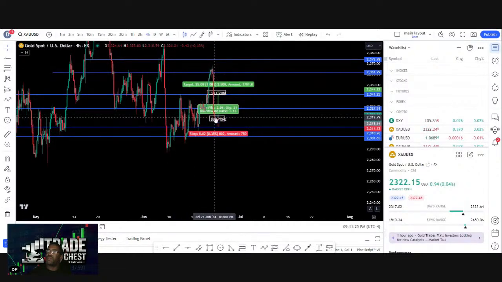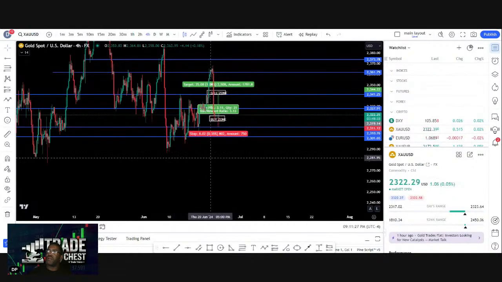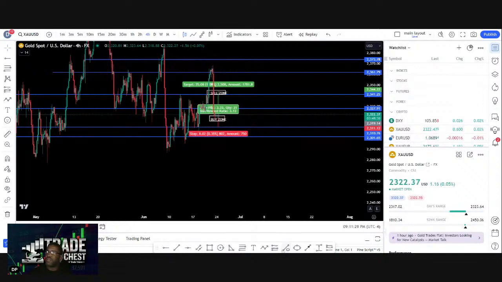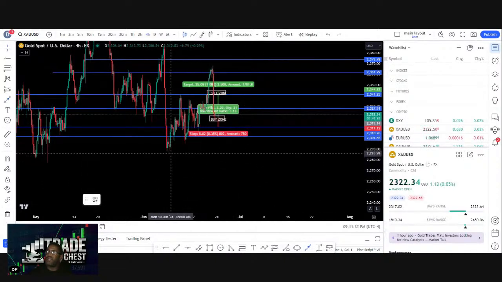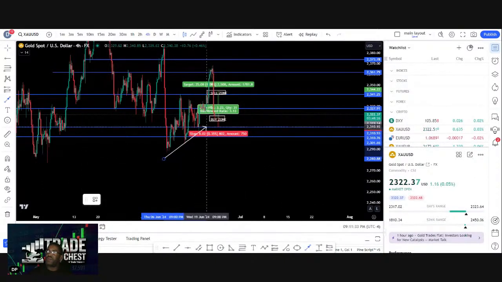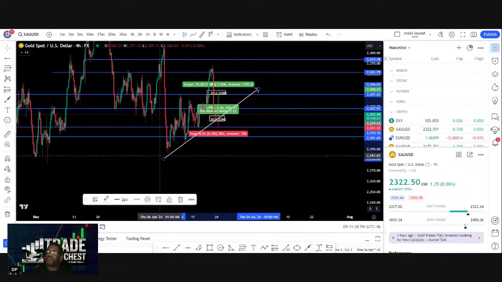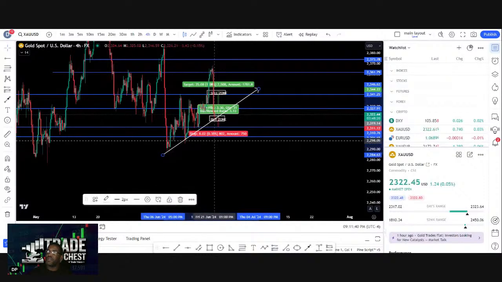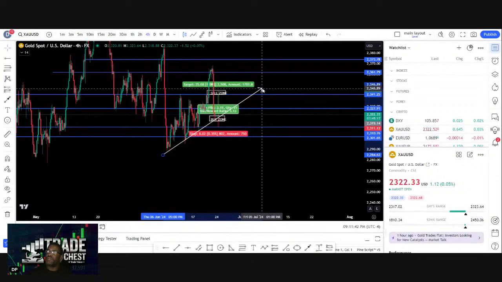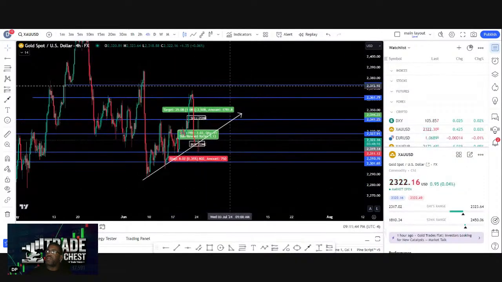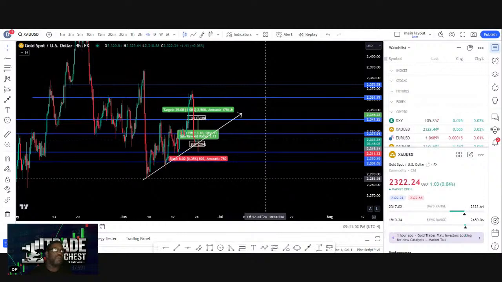We got a major pushback right here, but I don't think gold is going to continue further. As we can see, it met support here, right where it was supposed to. So I'm thinking we're going to get a continuation of this bullish push, and gold will continue to go back up and test these 3 levels here.